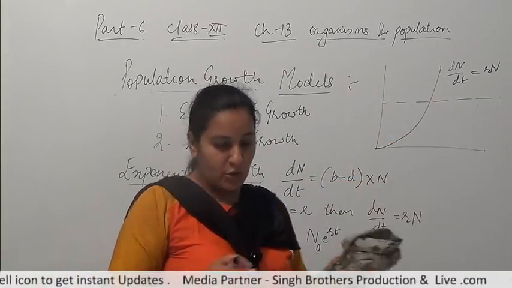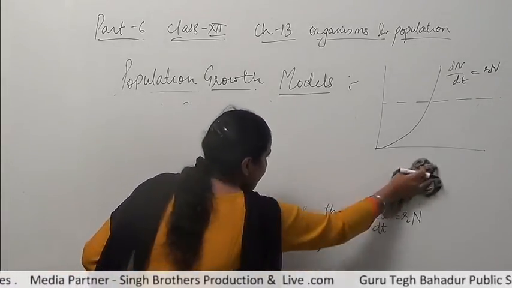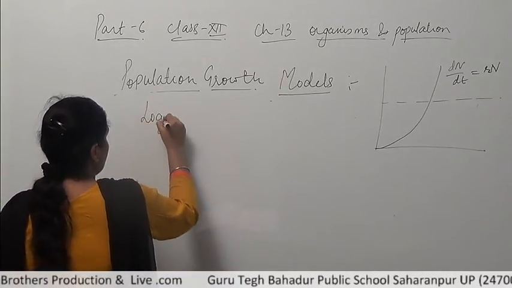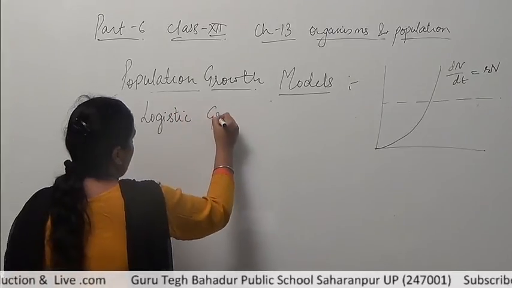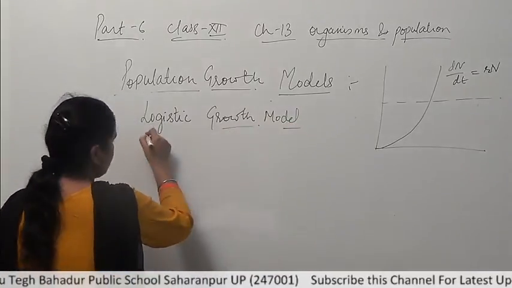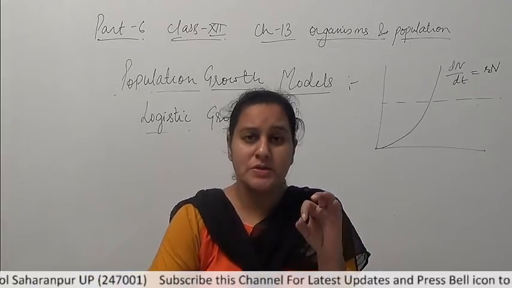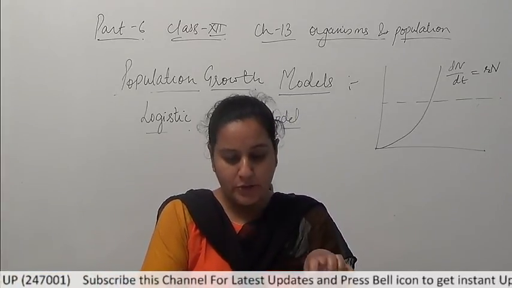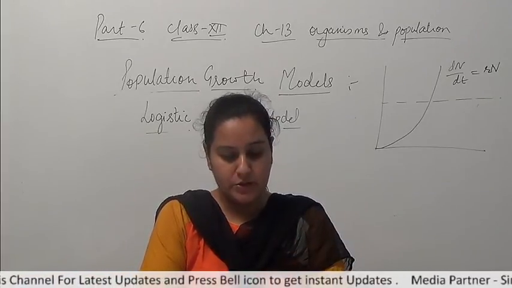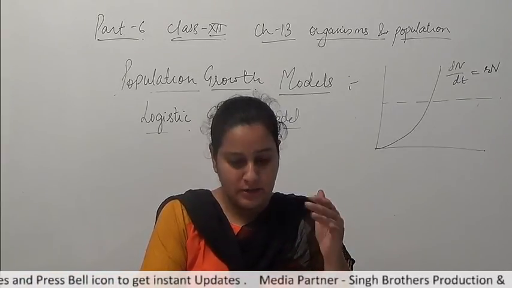So next is the logistic growth model. Now in the exponential growth model, as I told you, the resources are unlimited, but in this the resources are limited at a certain point of time, so no population can grow exponentially. तो एक time period पे आके resources कम होने शुरू हो जाते हैं या ख़त्म होने शुरू हो जाते हैं.